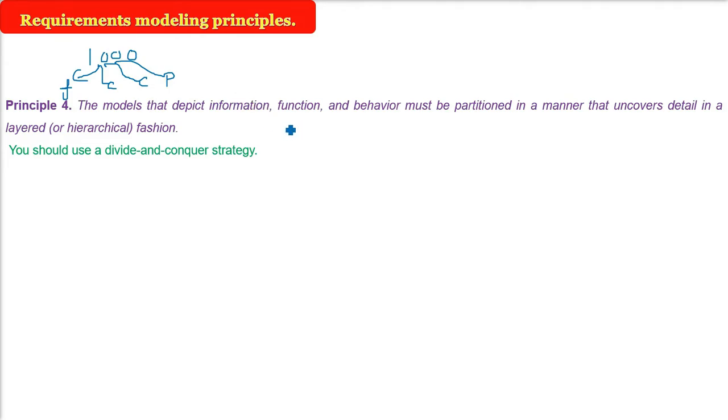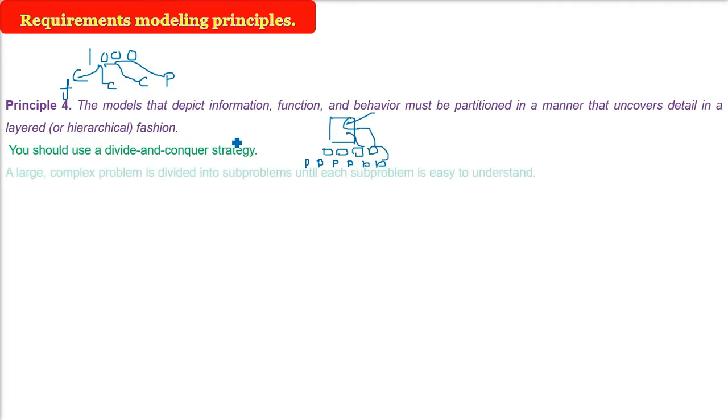In requirements modeling, you have to present everything in the form of layers, and that also in a hierarchical form. This may be the highest function or highest view, so you have to divide it. You have to use the divide and conquer strategy. Even if you can divide them more, you can also do that. So in the hierarchical form, every layer should have enough partition.